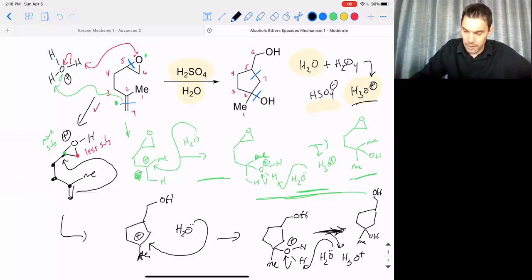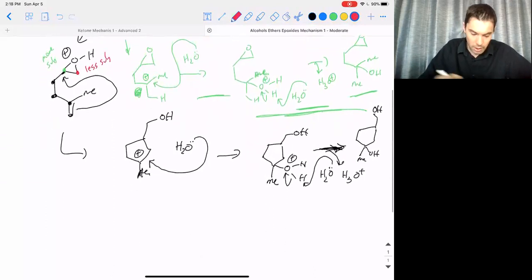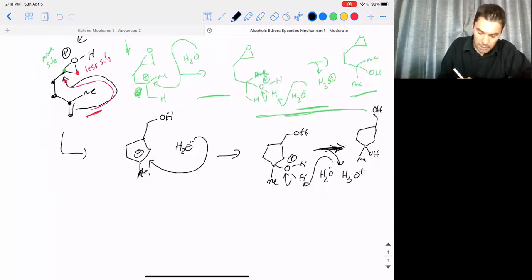I want to take one last second here to point out another potential complication of this reaction, and that goes back to this intermediate. So here we had the alkene attack at the more substituted side, and that's okay. We could also imagine, by the way, having water open up the same epoxide.